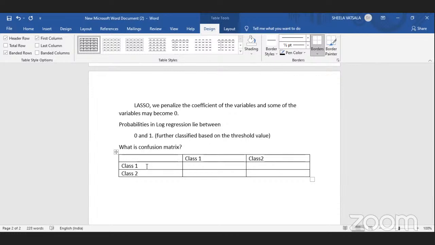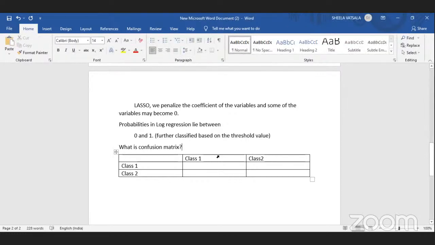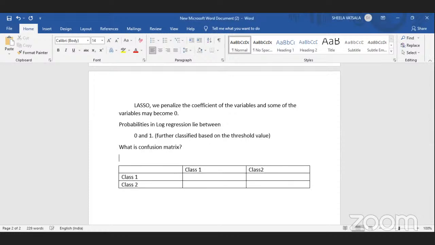First, we'll always remember the columns are predicted results and rows are actual values. Let me write it down just for understanding.